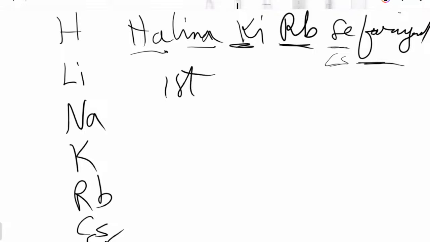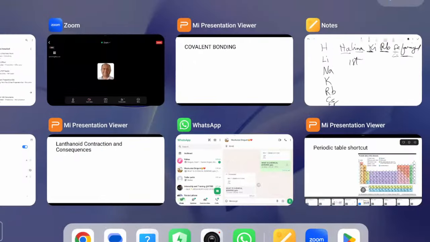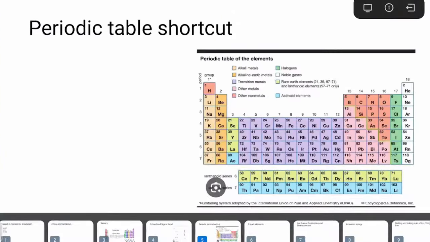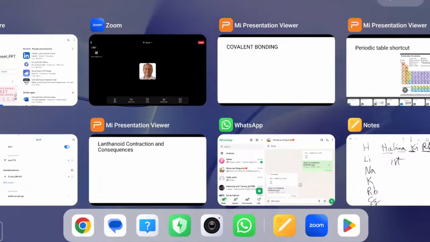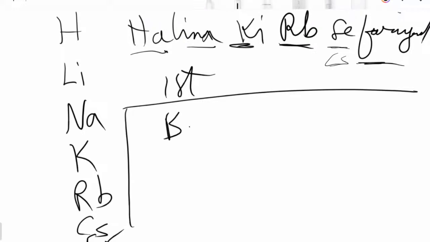And what is the next one we have? The next one is group 2 elements. The trick for this is different.